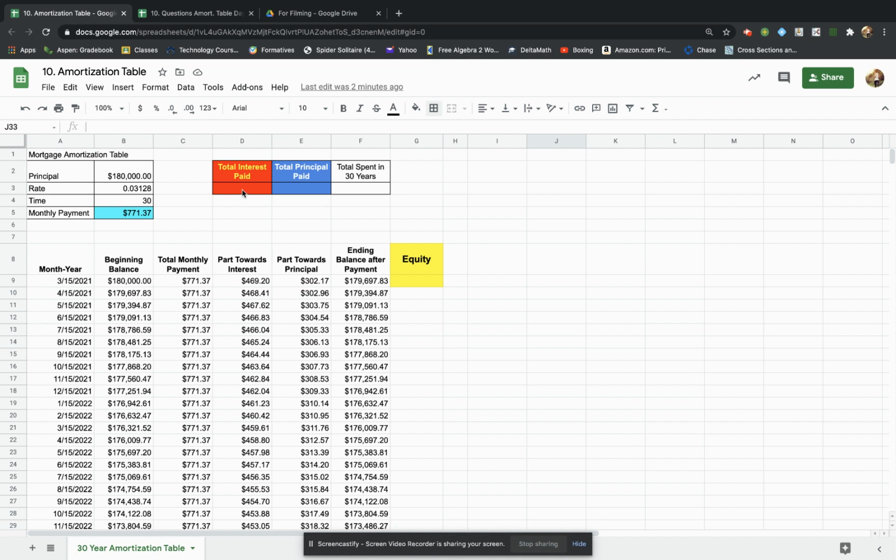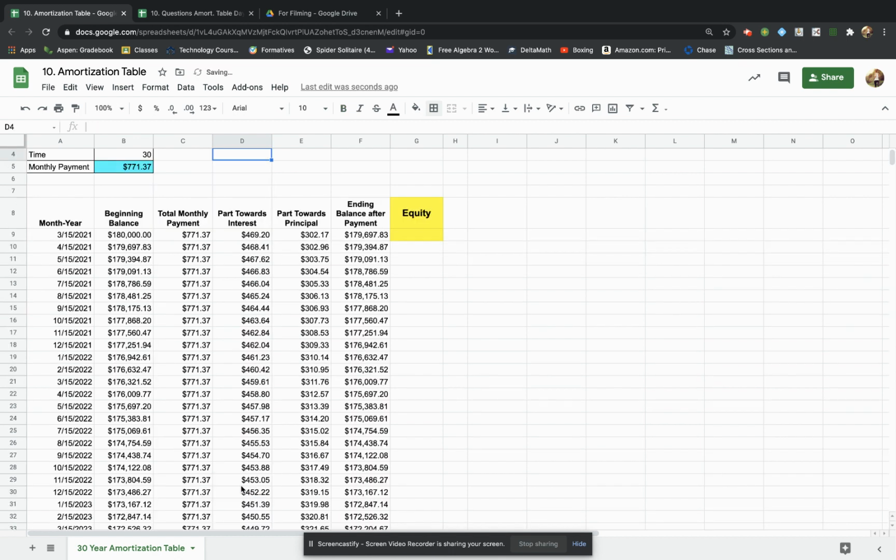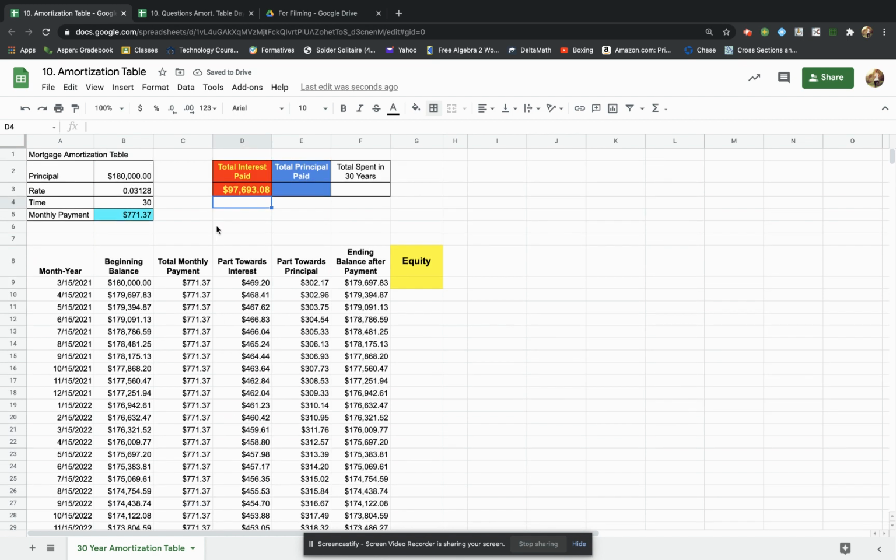So I'm going to click on cell D3 and say equals, scroll down to the bottom of my amortization table, and this is the cell I want, cell D369, where it's $97,693 in interest. Hit enter, and it should pop up in there.